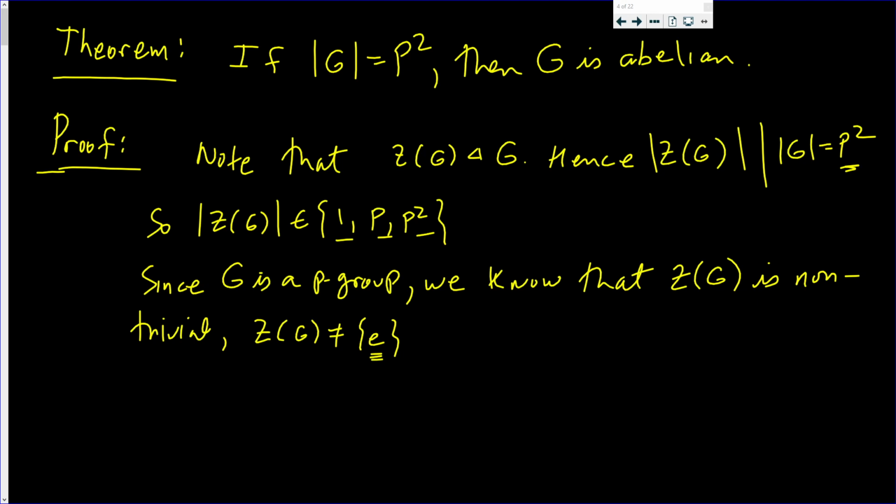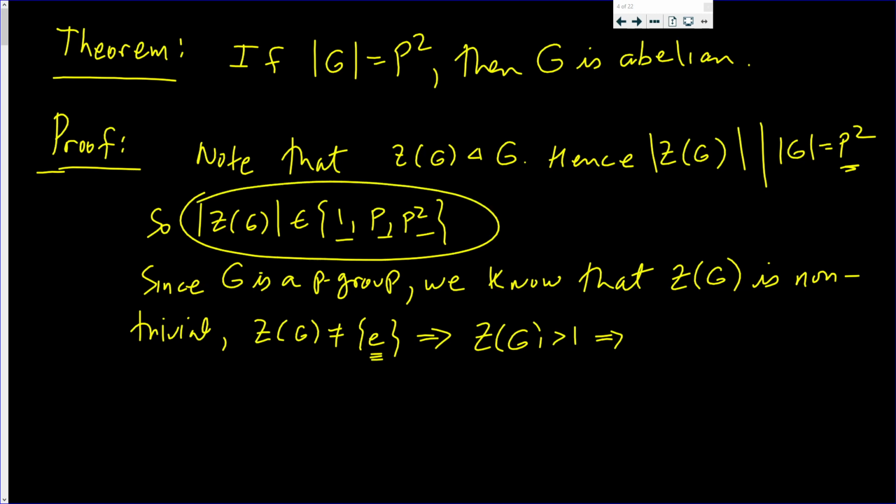But since Z(G) is not just the singleton E, this implies that the order of Z(G) is greater than 1. This then implies that the order of the center is p or p squared.